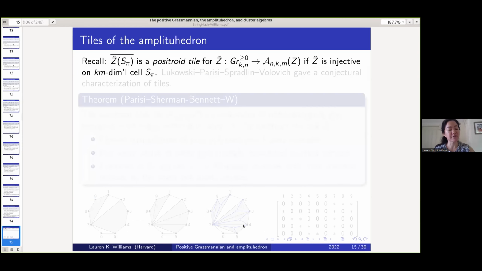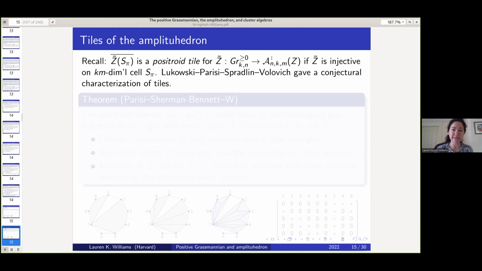Okay, so let me tell you about some of the structural properties that we know when M is 2. Recall that we define a tile for the amplituhedron to be the closure of the image of a cell in the positive Grassmannian whenever Z tilde is injective on that cell and it has the right dimension, K times M, which is the dimension of the amplituhedron.